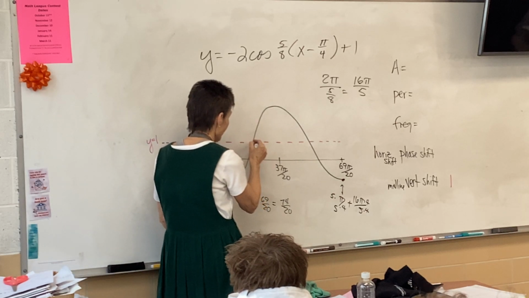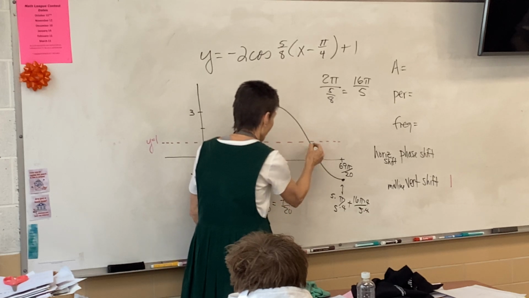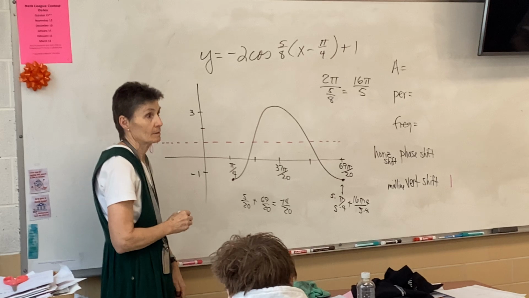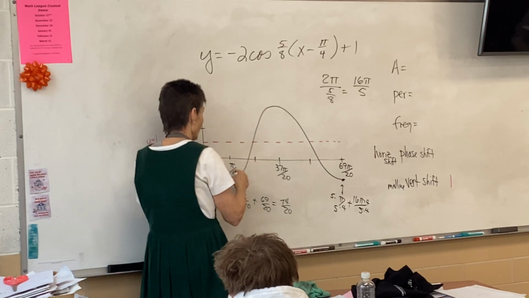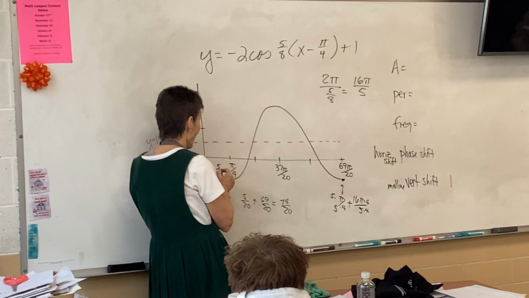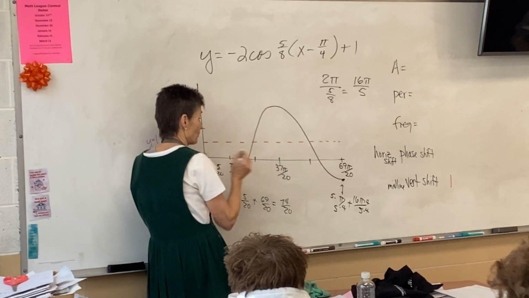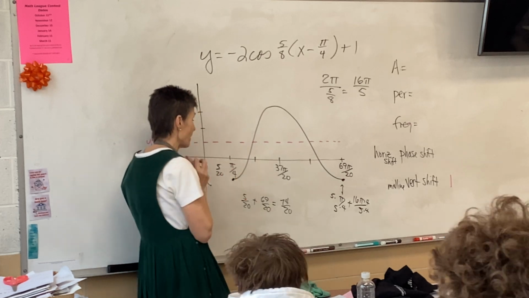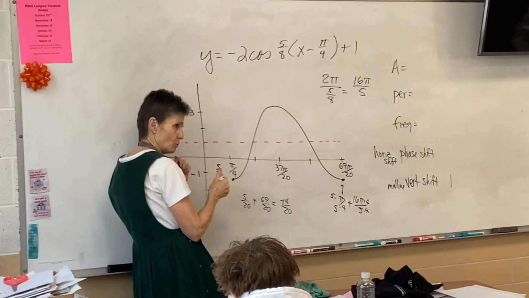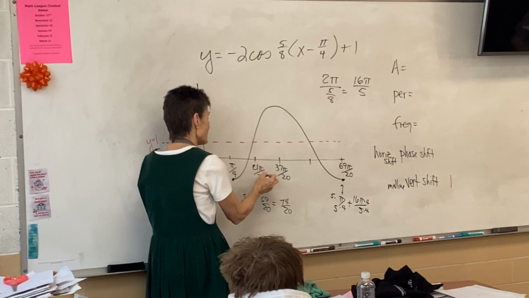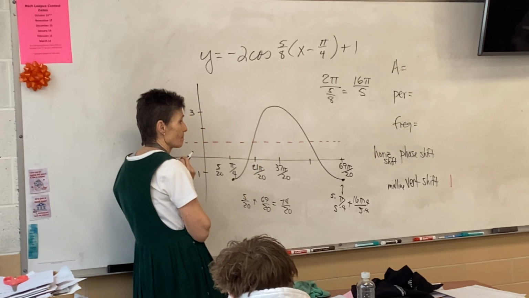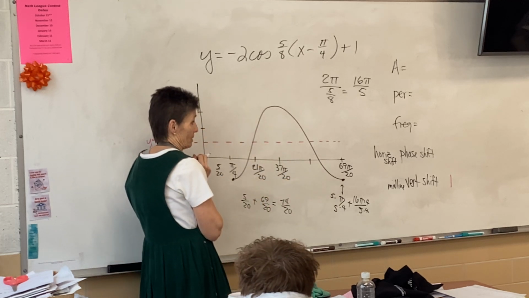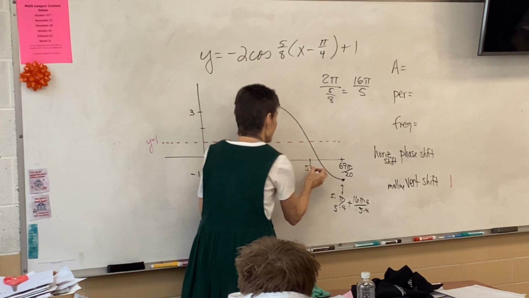This point right here, and this point right here, where we cross the midline, this one will be the average of 5/20 and 37/20. So 5 and 37 makes 42, 21/20. And 37 and 69 makes 106, 53/20.